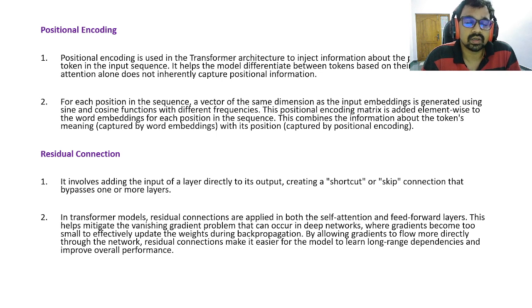In order to avoid this, we have a residual connection, which means we are skipping the intermediate layers. Imagine there are a lot of layers, and when the gradient passes through each and every layer, it becomes so small that it is not able to update the weights properly. If we can get rid of the intermediate layers, then the gradient can flow completely through the network. So we are bypassing the gradient by passing it directly to the output layer.